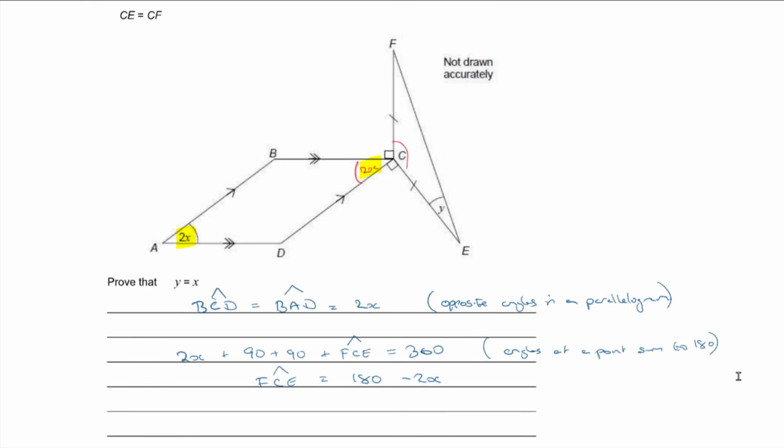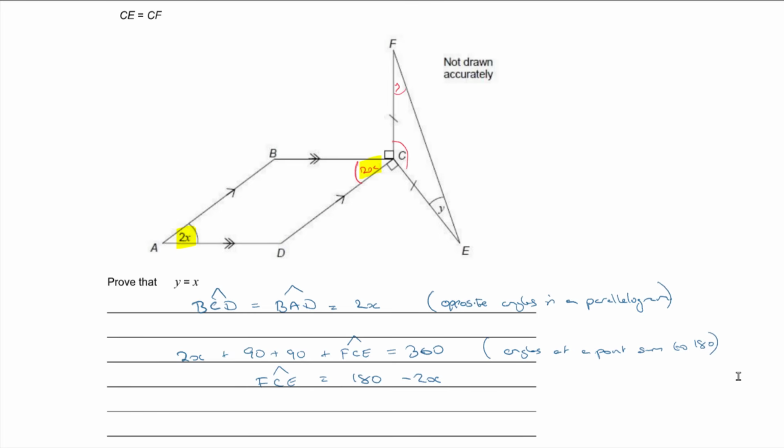Okay, and then that triangle there is isosceles, isn't it? So in isosceles triangles, base angles are equal. So that one up there is also y. If I take what I've got away from 180 and divide by 2, then I'll find the base angle.